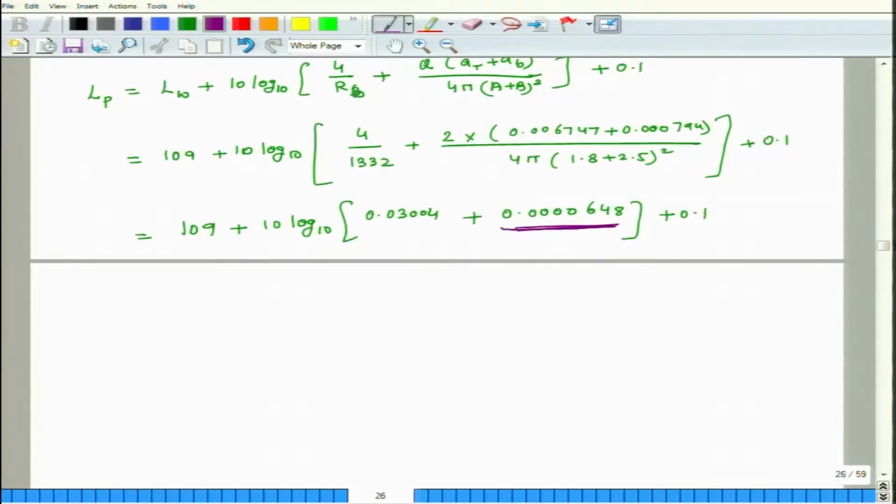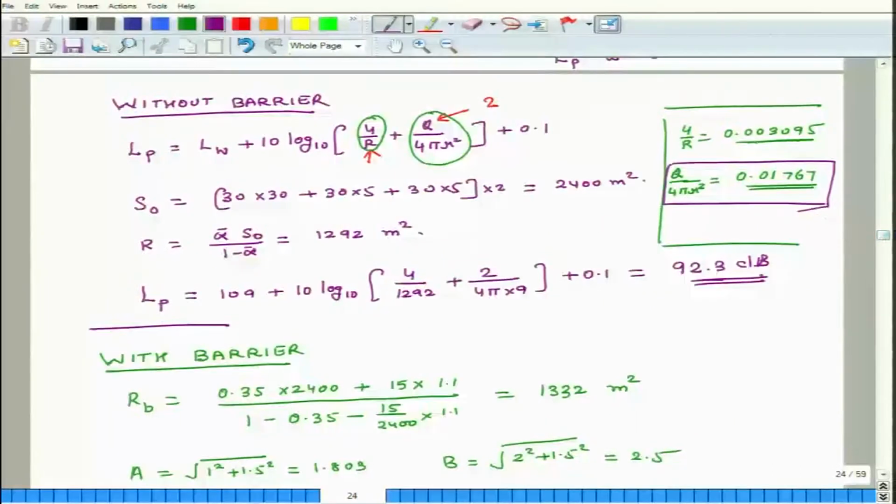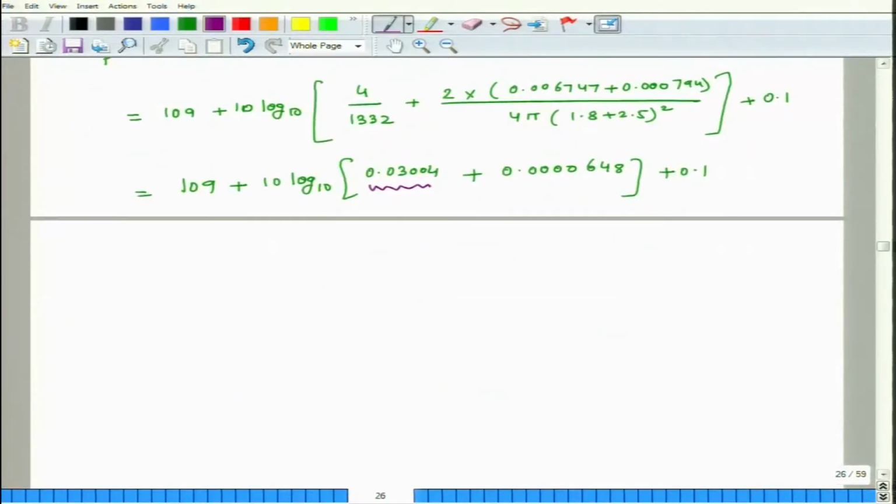The other number is the reverberant field term, it was 0.003095. So, not a whole lot of difference between these two. Once again we are seeing that the barriers do a good job in reducing the direct sound field, but not such a great job in reducing the reverberant sound field. So, finally LP is 84 decibels.